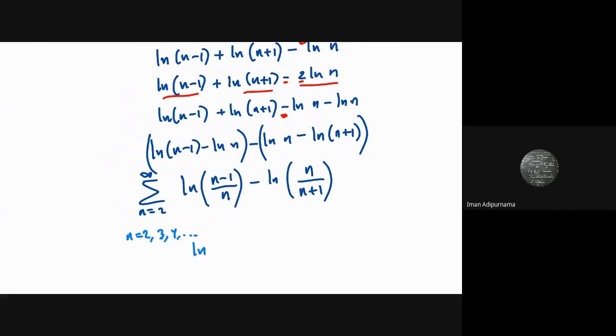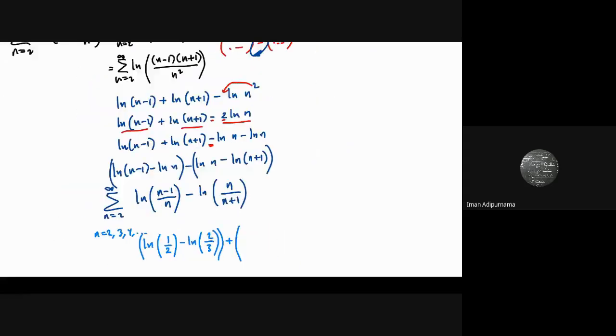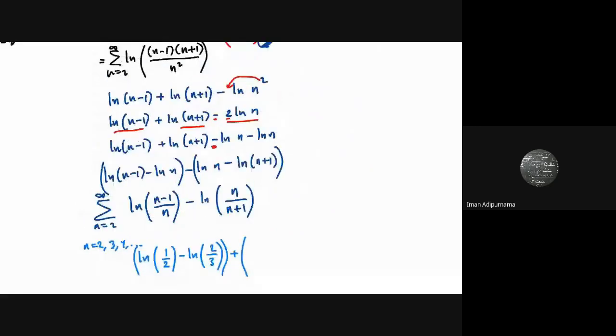So ln, it's half, and then minus ln 2 over 3. That's the first one. And plus, let's try 3. So ln 2 over 3 minus ln 3 over 4.